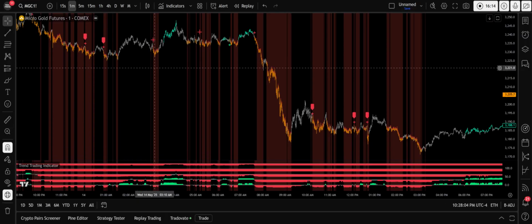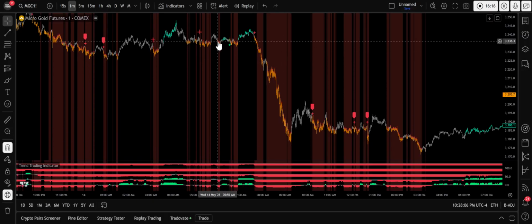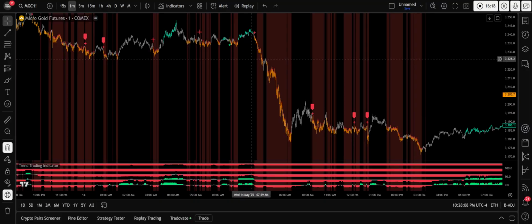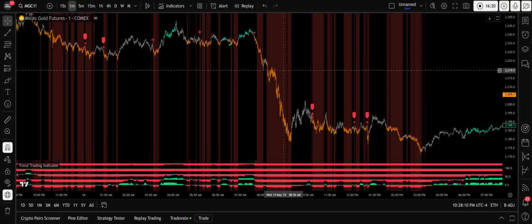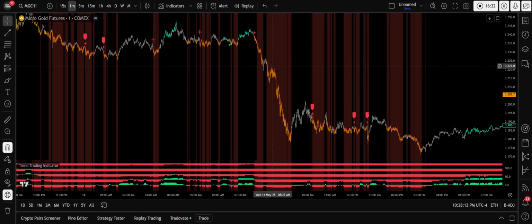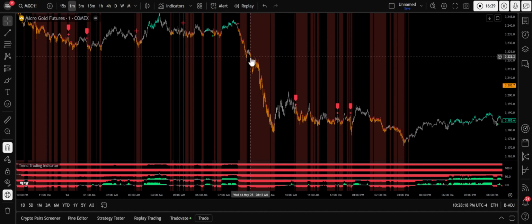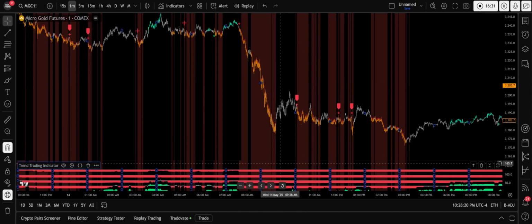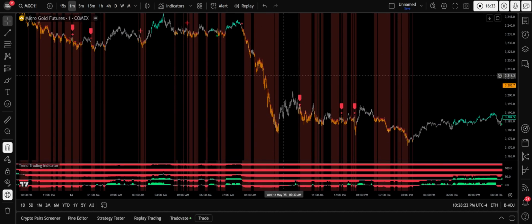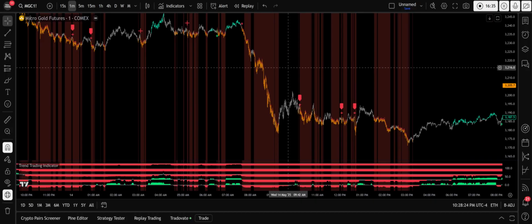So if you want to add something like that to your chart to help you understand, okay, once we get out here and we're under, say, the previous day's low, then we'll most likely have the strongest trends, and then use this on top of that to help you really get into these trades and hold them with conviction. That's a great way to do things.